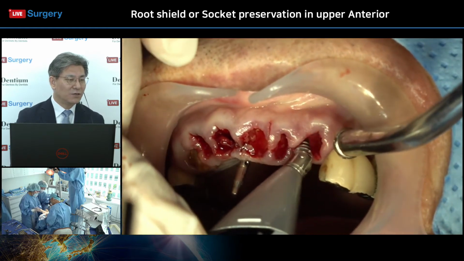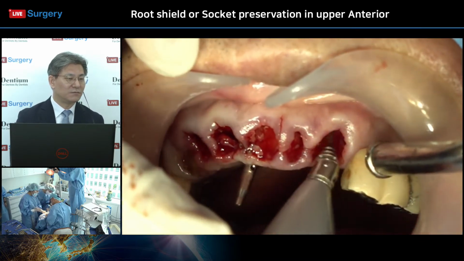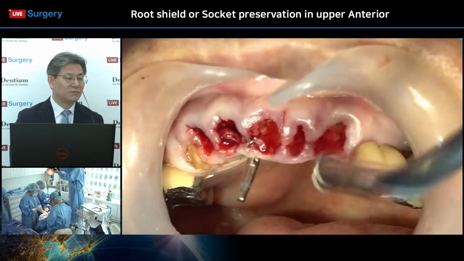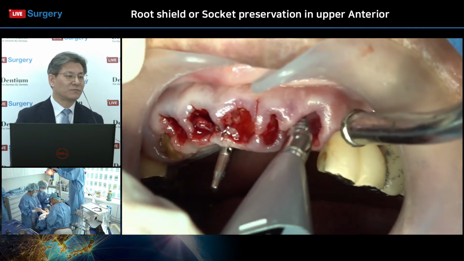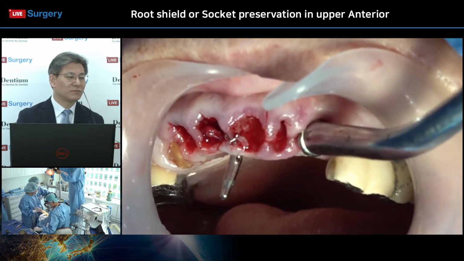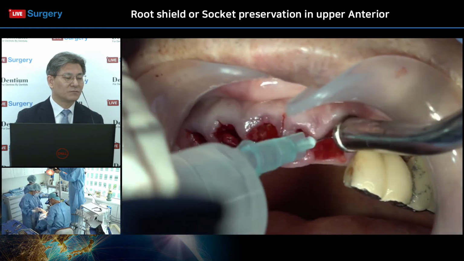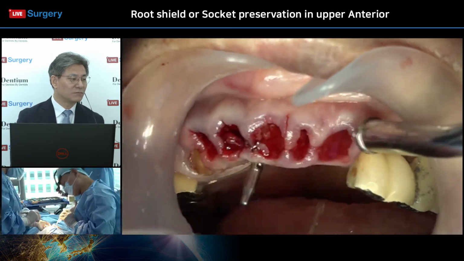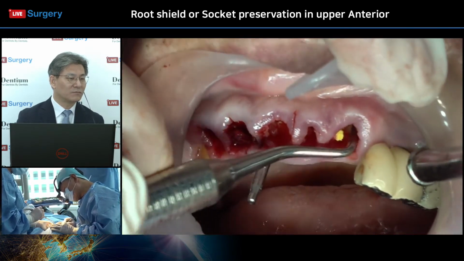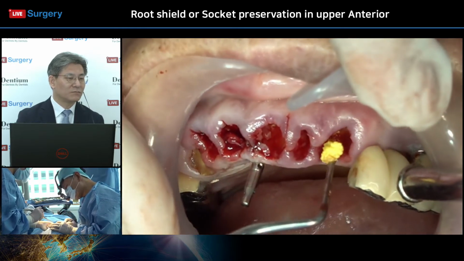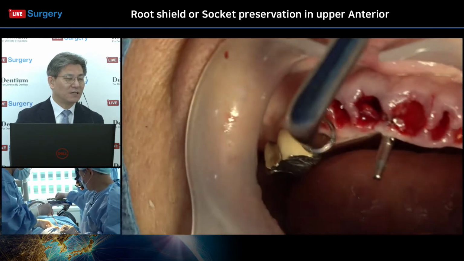He is using the laser also. Okay. Yeah, tetracycline HCl applied for detoxification.